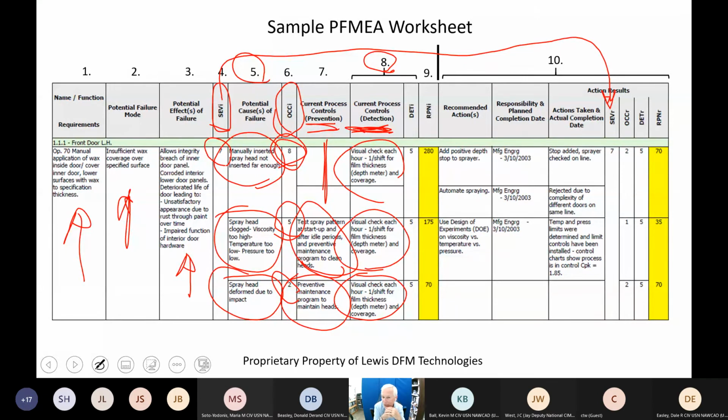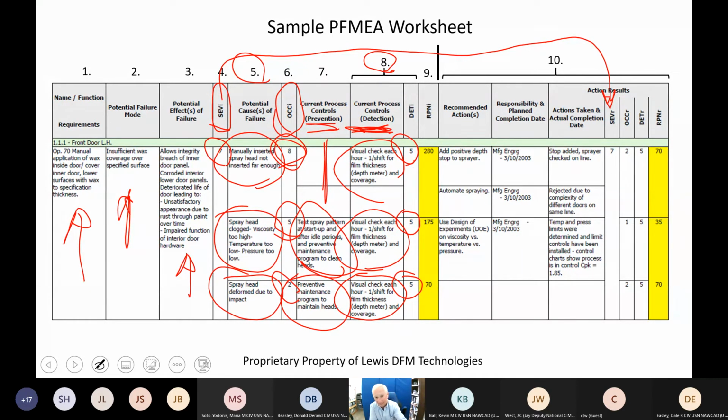Because what we'll need to do if we want to make some progress and some improvements is we want to do something more. Now, we're measuring these things from a detection standpoint, and they all get about a 5. They're all about the same.